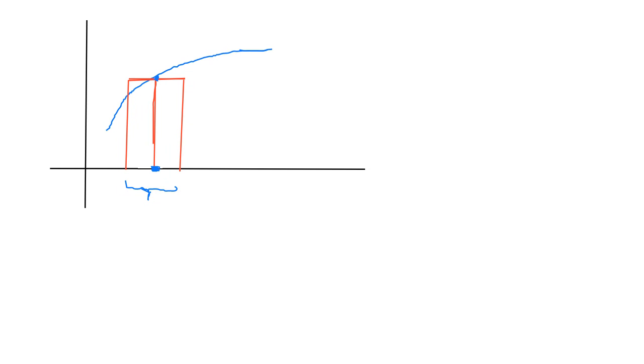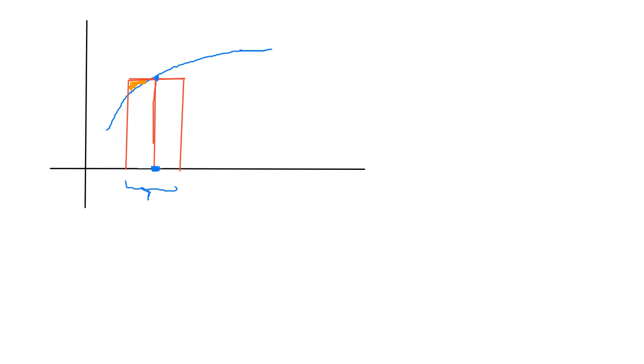And this yellow area here. Is that yellow area included in the approximation for the midpoint rule? Is that included? Yes. It is. It's in the area of the rectangle.